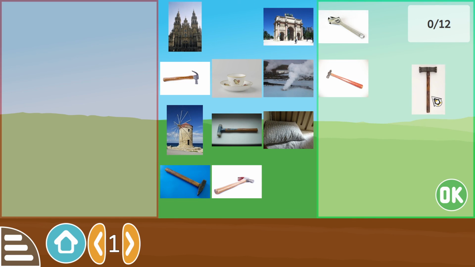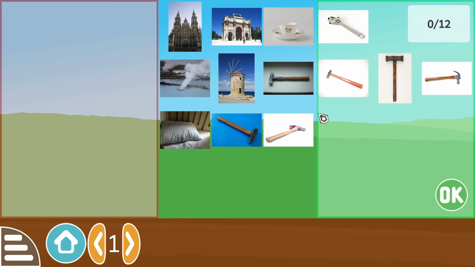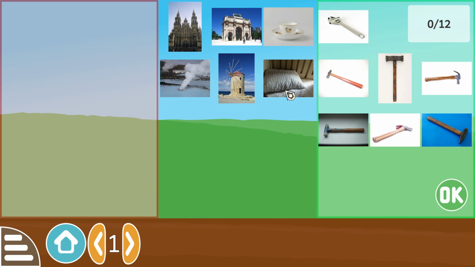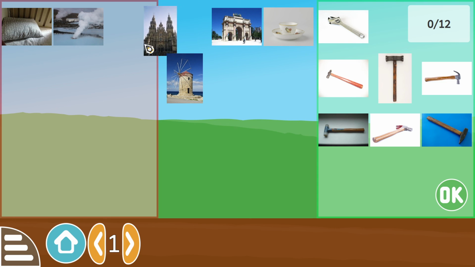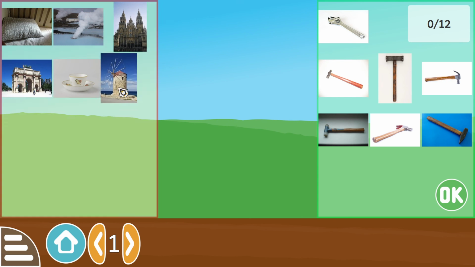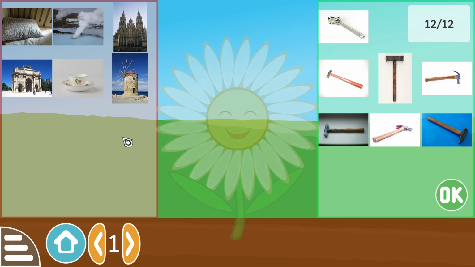So there's a hammer, a few different hammers here actually. That one has a grip on the back of it that you can have put around partially exposed nails and take them out. Whereas a pillow, geyser, building, monument, puppet saucer, and windmill, they're not tools themselves.